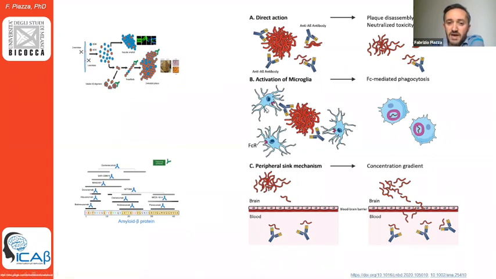So the antibody can bind to microglia, activate them, and then activate phagocytosis by microglia, which can digest the plaques.